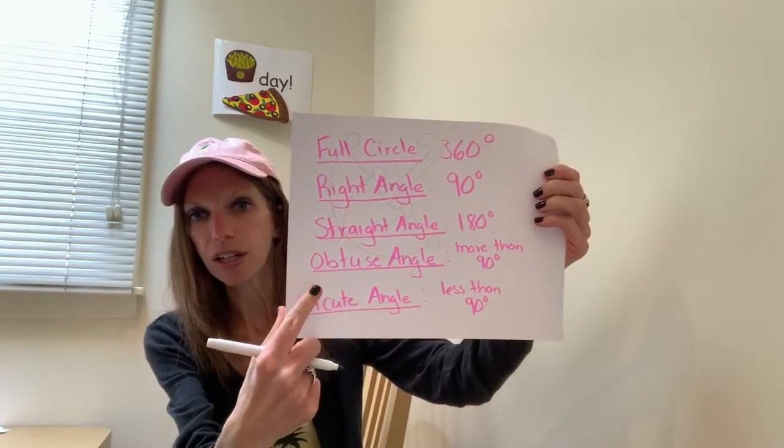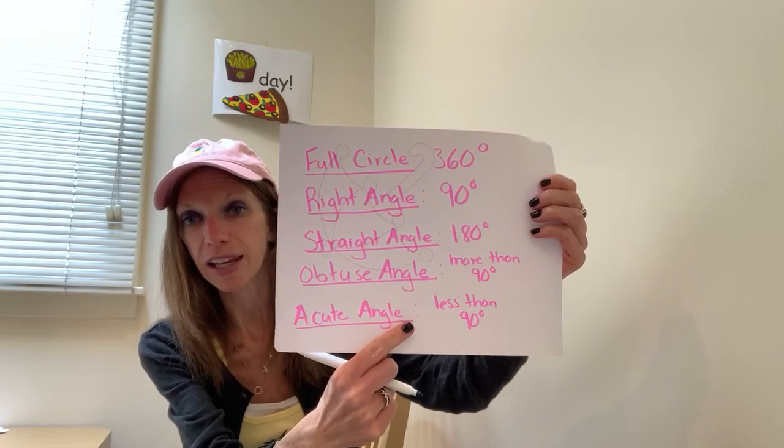So I'm going to write down straight angle. I'm going to look at my sheet and I see it's 180 degrees. So I'm going to write that down. 180 degrees. Easy. So that is what we are working on today.